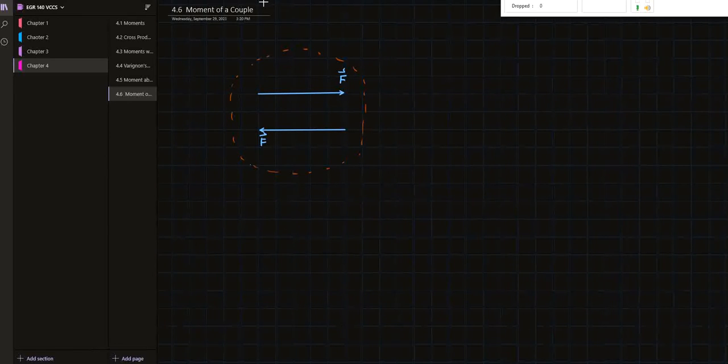Then what we can do is pick a point anywhere in this shape. Let's say here, and we'll take a perpendicular distance from this vector to this.